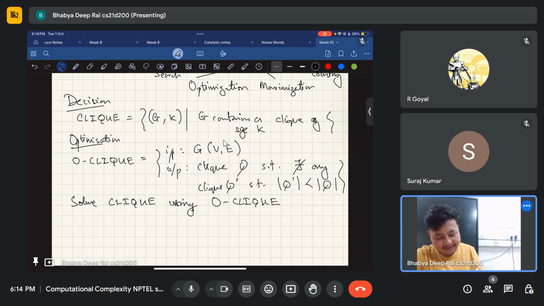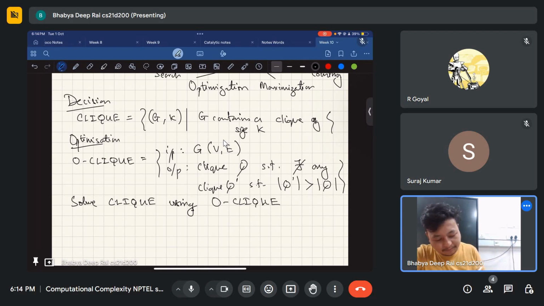Not the smallest clique; smallest clique does not make sense, because the smallest clique would be just like finding triangles or something like that. So yeah, finding the largest clique.